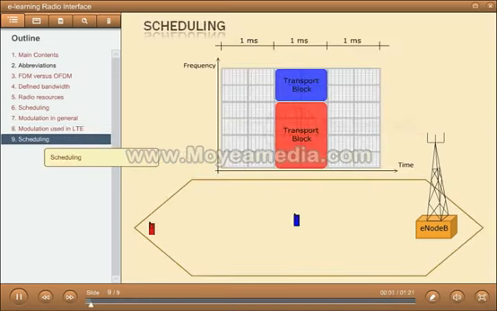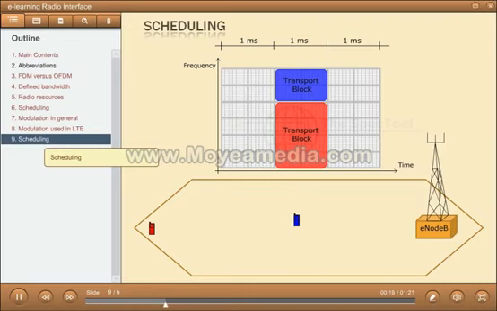Let's go back to the LTE radio structure. During the second millisecond, the eNode B allocated 1/3 of the bandwidth to the blue UE and 2/3 to the red one. Each resource element carries 1 modulation symbol.